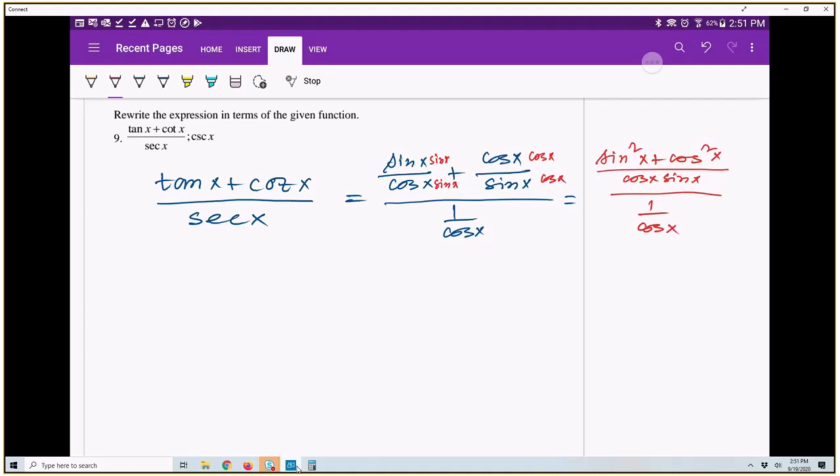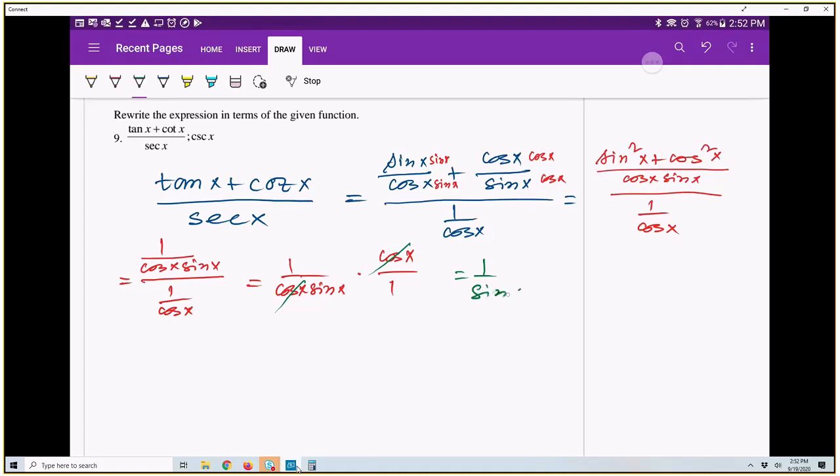Now remember, sine squared x plus cosine squared x is 1. So 1 over cosine x sine x, all over 1 over cosine x. That should be equal to 1 over cosine x sine x times the reciprocal of 1 over cosine x, which is cosine x over 1. So I get to cancel the cosine x term, and I get 1 over sine x.